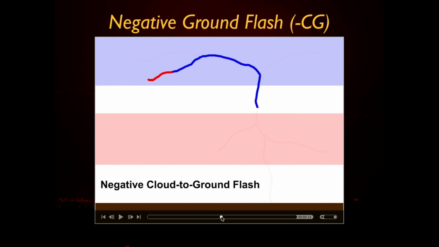This essentially is a dart leader, and if this dart leader reaches ground and causes a return stroke, this would be the second return stroke of a multi-stroke negative cloud to ground flash. It's the same polarity, negative CG in both cases. And this will re-illuminate that channel.